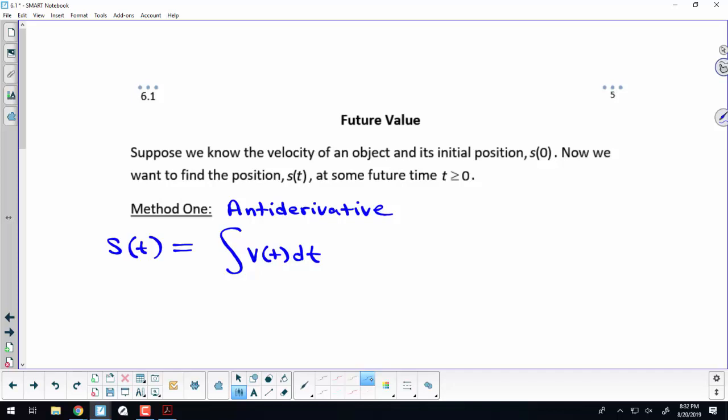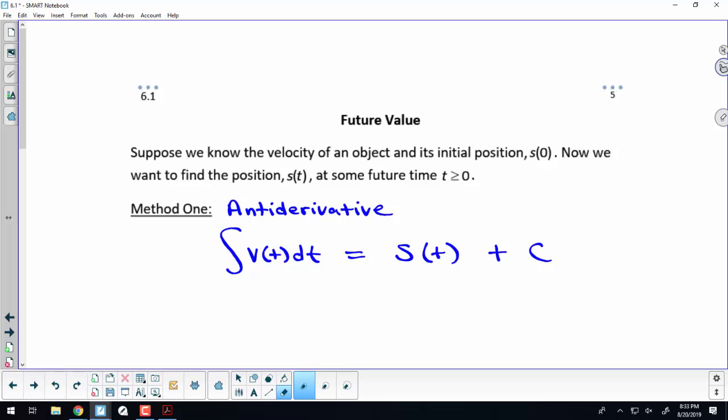But we know that when we actually take the antiderivative of a function, we really get s of t plus some constant of integration, right? So it's really not s of t, somewhat misleading. But we do know the antiderivative of velocity gives us s of t plus c. And we know the initial position. So what do we do from here?